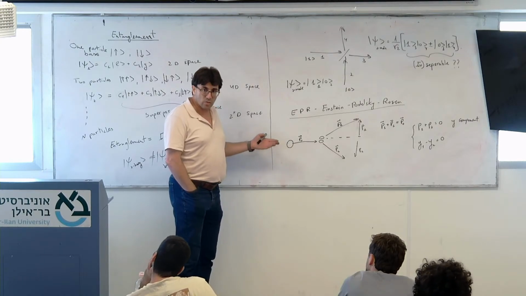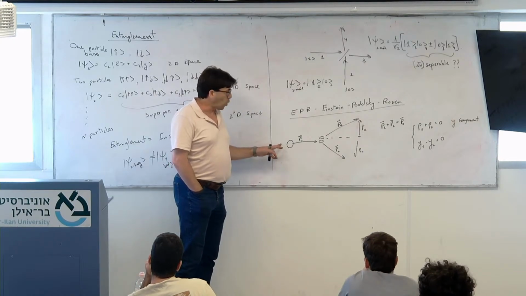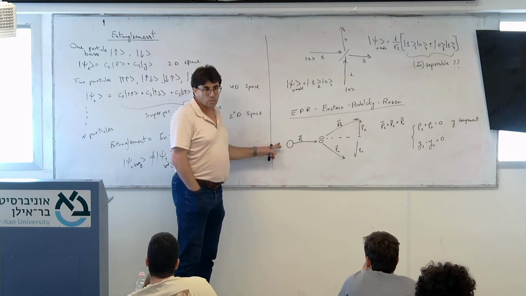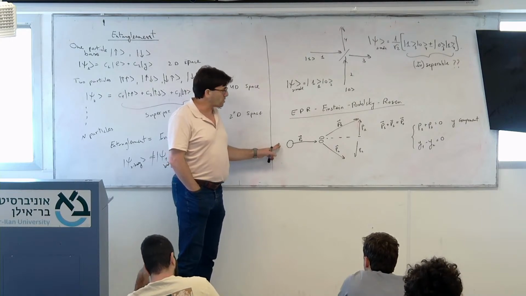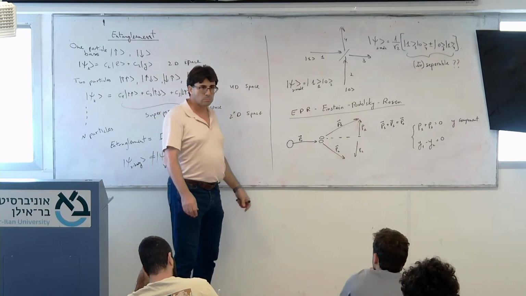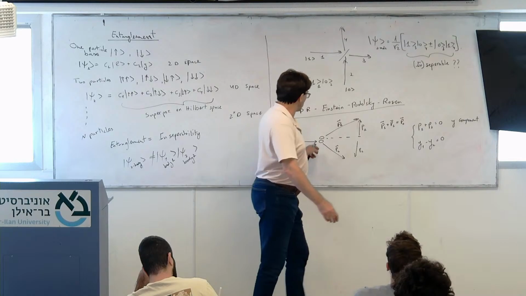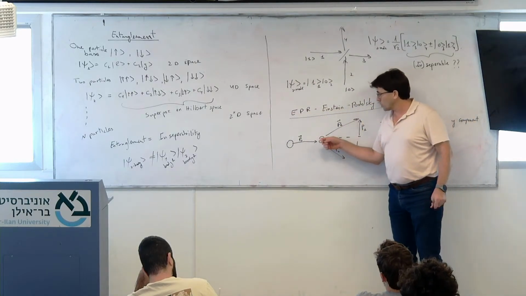In terms of uncertainty, that means that I don't know what x, y, or z of that particle is. But at some point, it broke out.